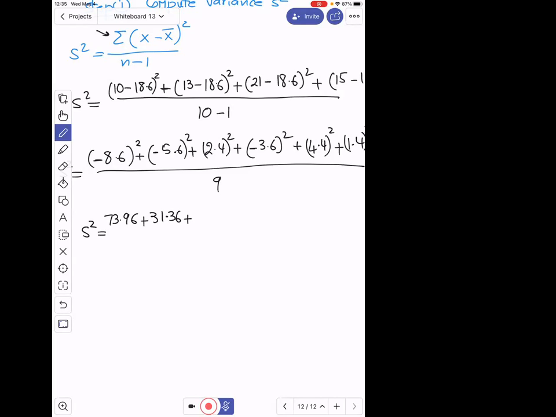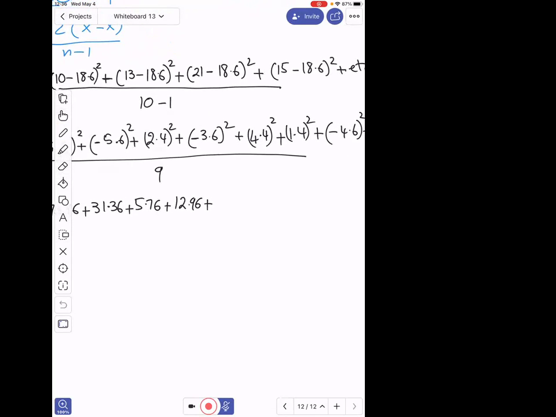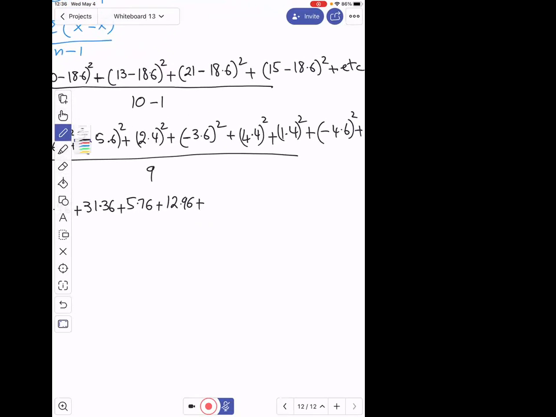And then 2.4 squared, which is 5.76, plus 3.6 squared, that's 12.96.